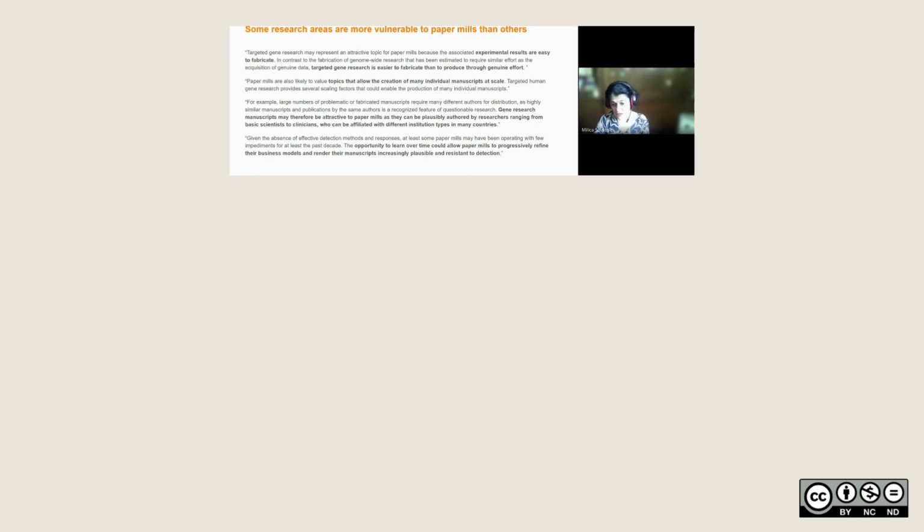And this is an interesting paper by Jennifer Byrne from University of Sydney and her team. They explain why targeted gene research is actually more vulnerable to paper mills than some other areas.